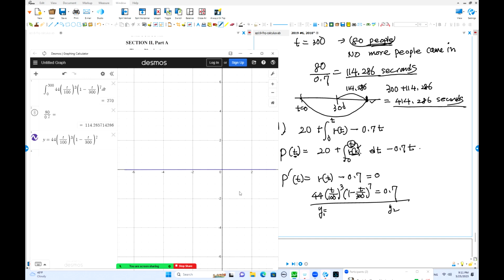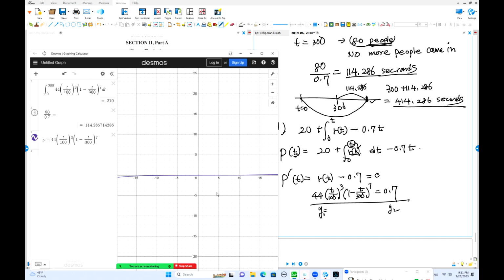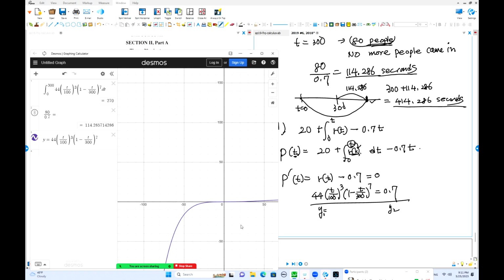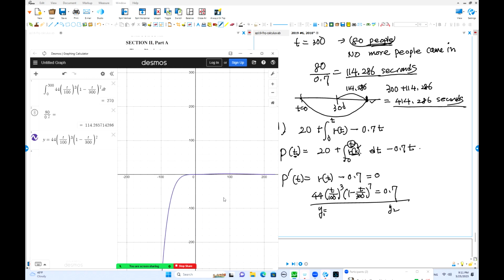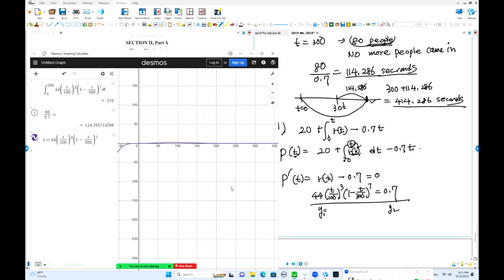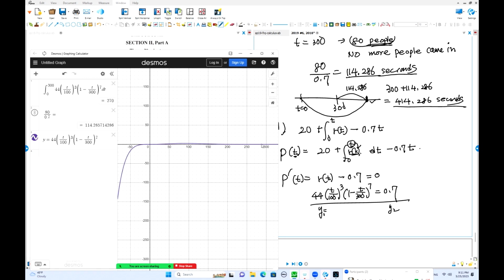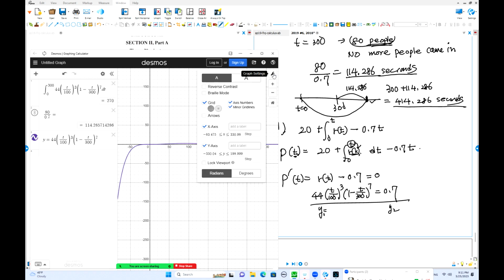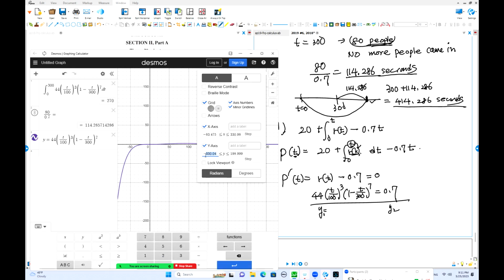Where is the graph? Wow, the graph is here. 300, right? That's why it looks big. Okay, 300. Okay, the y direction, I'm going to make the y direction over here. 100 is better.